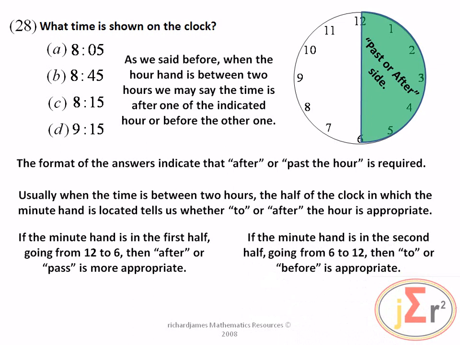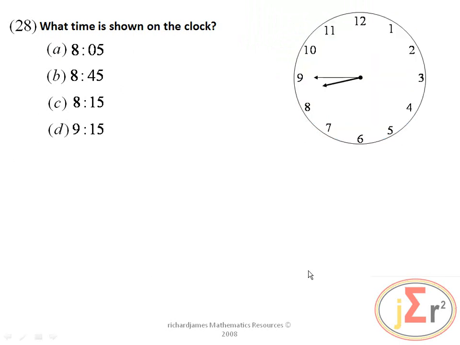If the minute hand is in the second half going from 6 to 12, then to or before is appropriate. So that is to or before the hour. So if the minute hand is over here, we typically say past the hour or after the hour. If the minute hand is over here, we say to or before the hour.